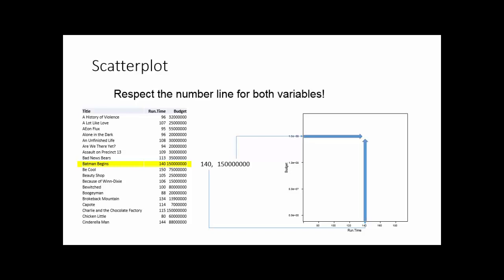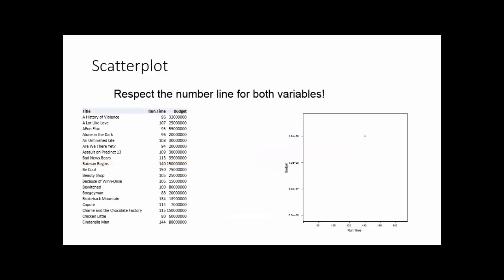And if we continue over and up from each of those locations, that gets us to a point on that graph where we will put a little dot to represent that single movie.